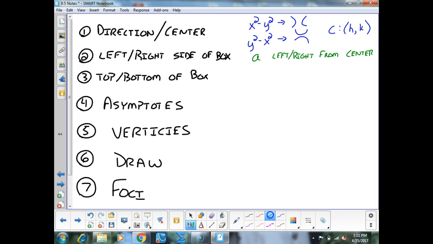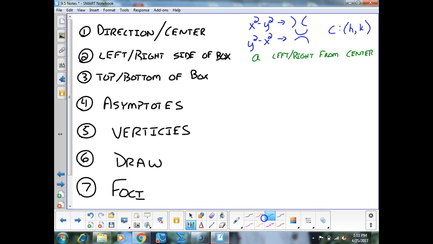Okay. Top and bottom, how do we find the top and bottom of the box? So which one comes under the y squared? B squared. Square root of b squared is b.